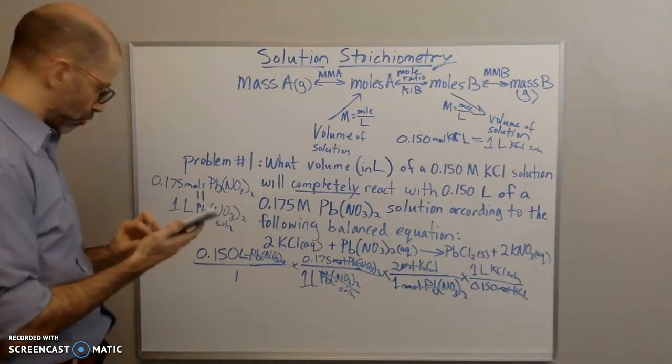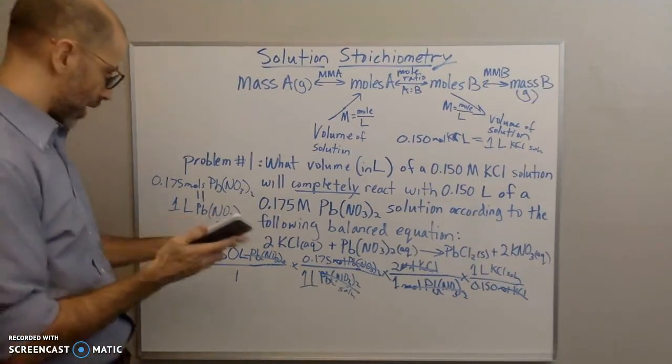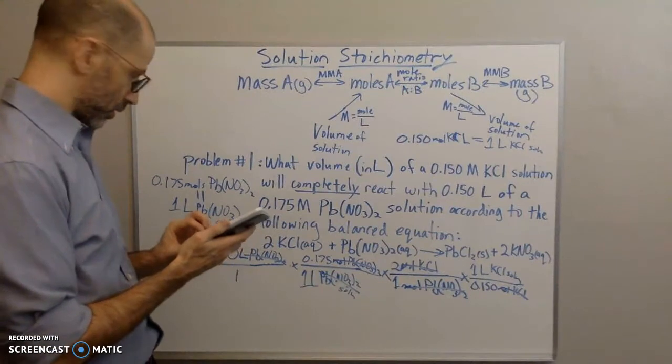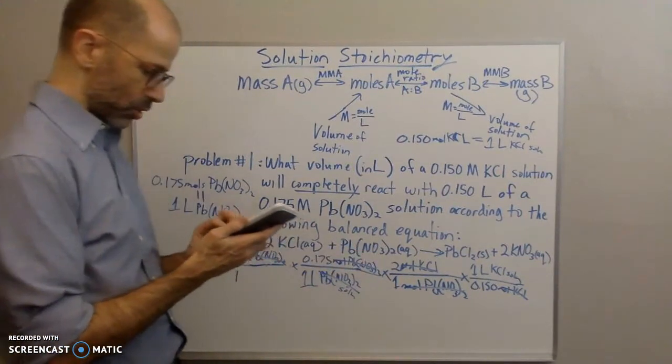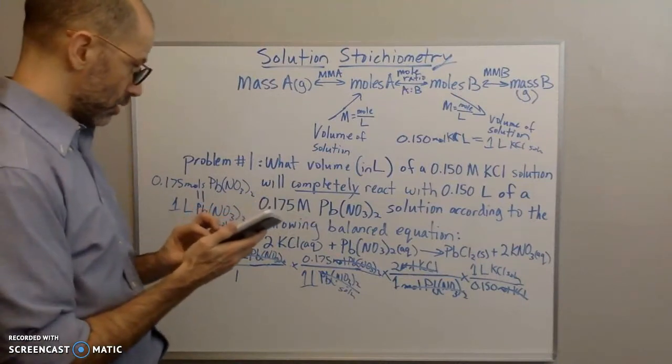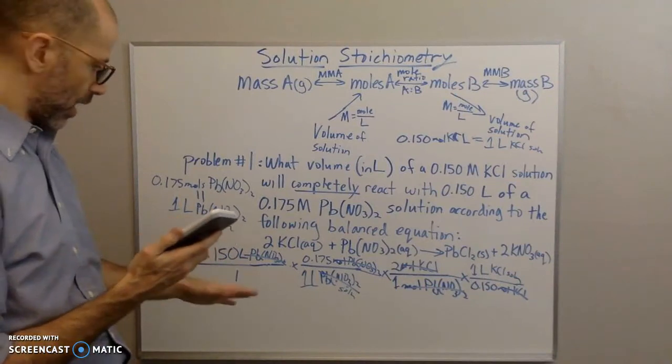So I have 0.150 times 0.175 times 2, and then I have a 1, so now I'm going to start to divide. Divided by, what's on the bottom?